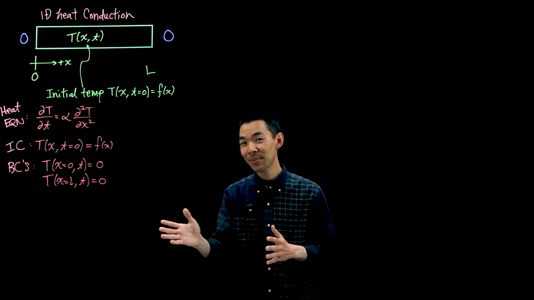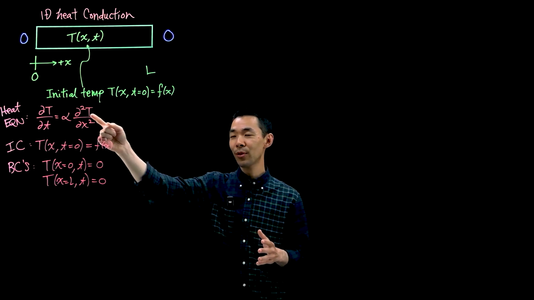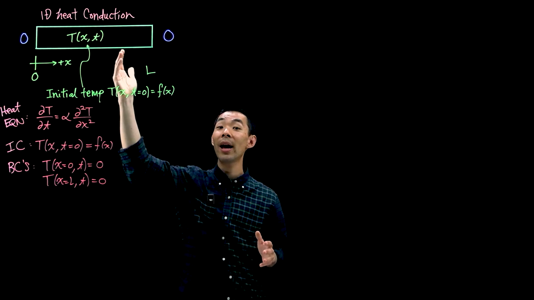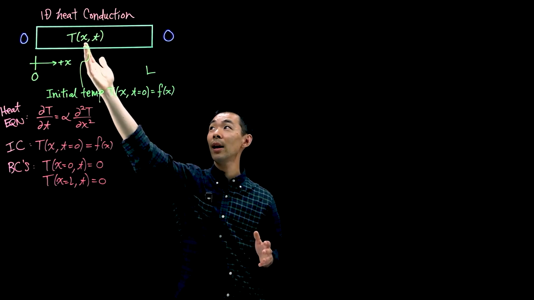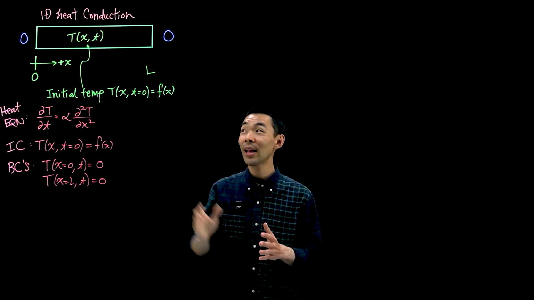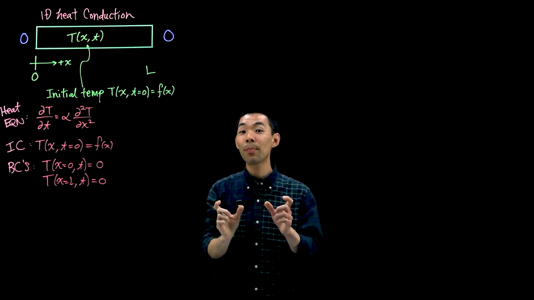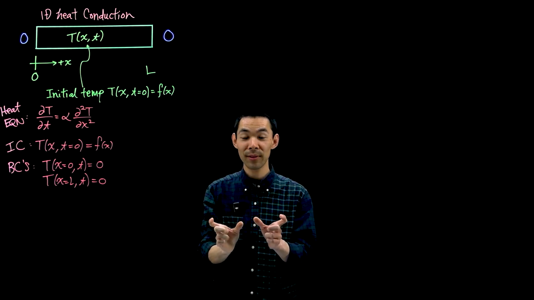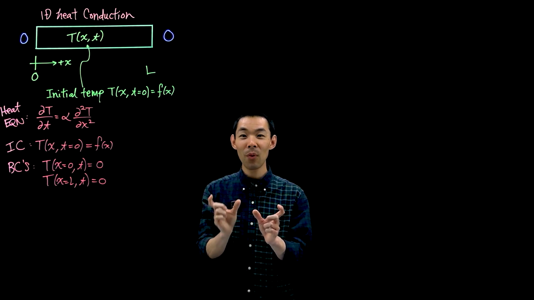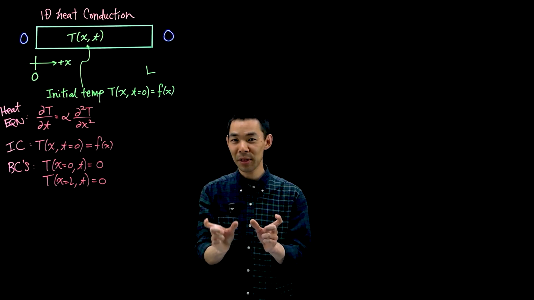And that guess is that this temperature is a function of both position and time, T(x, t). We're going to guess that this can be written as a product of 2 functions. One function only as a function of time, one function only as a function of position.